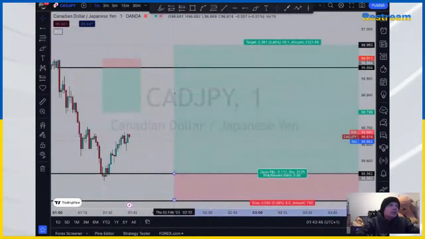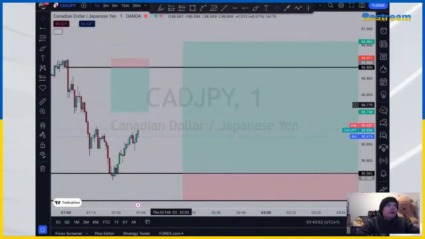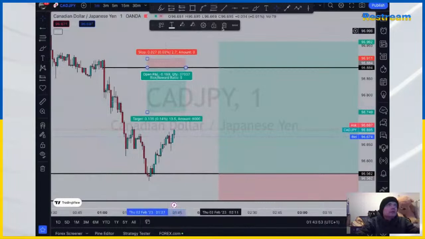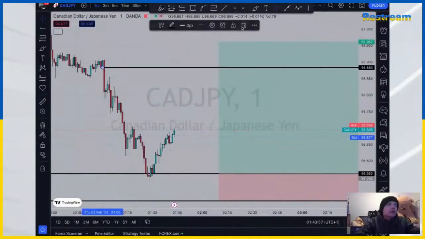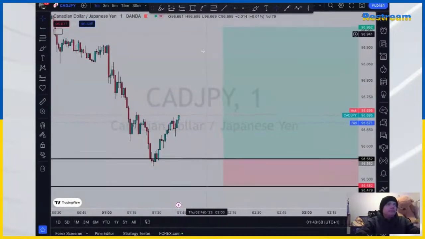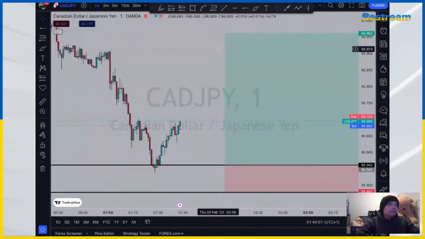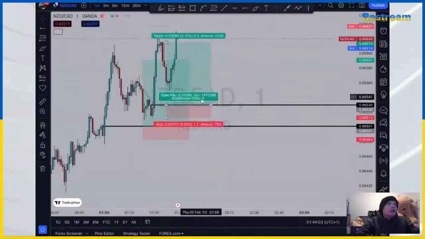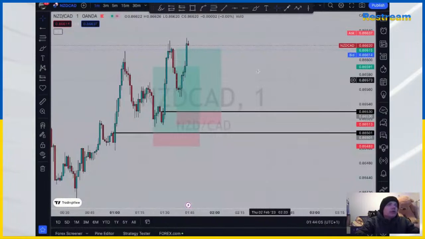Because I have equal highs, which I know are gonna be taken out. All right, so 5. I can delete this one since it's gonna go past it, and that's it. So wait for that one to take off.